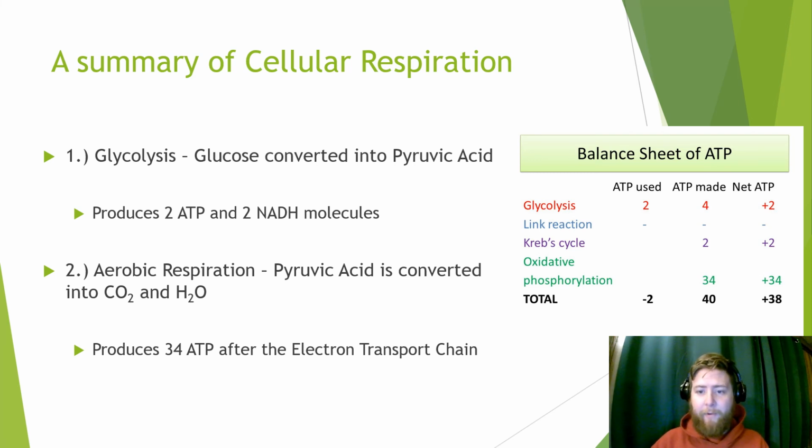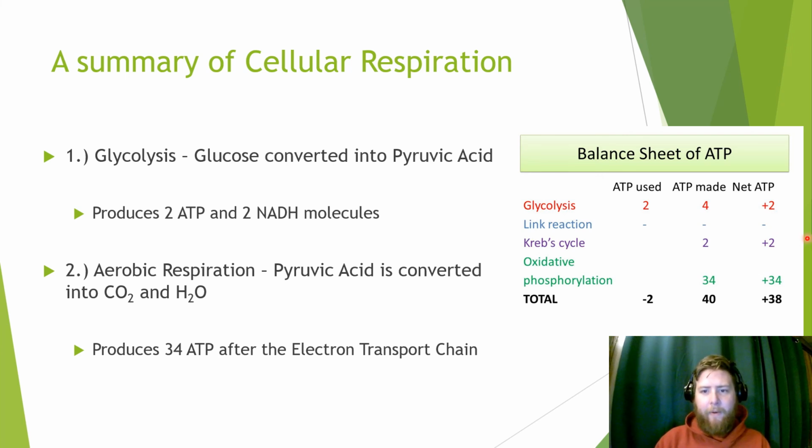All right, a real quick summary of cellular respiration. The first step is glycolysis. Glycolysis is all about taking glucose and turning it into pyruvic acid. We use 2 ATP to do it, but we make 4 ATP. So altogether, we net a positive 2 ATP from glycolysis.